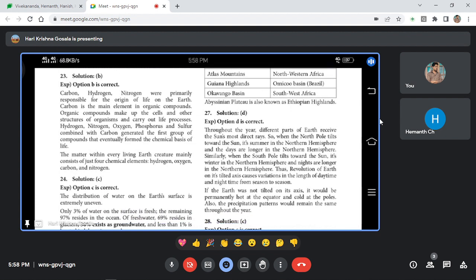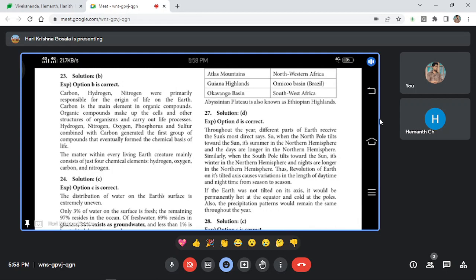Throughout the year, different parts of Earth receive the sun's most direct rays. So when the North Pole tilts towards the sun, it's summer in the northern hemisphere, and the days are longer in the northern hemisphere. Similarly, when the South Pole tilts towards the sun, it's winter in the northern hemisphere, and the nights are longer in the northern hemisphere.